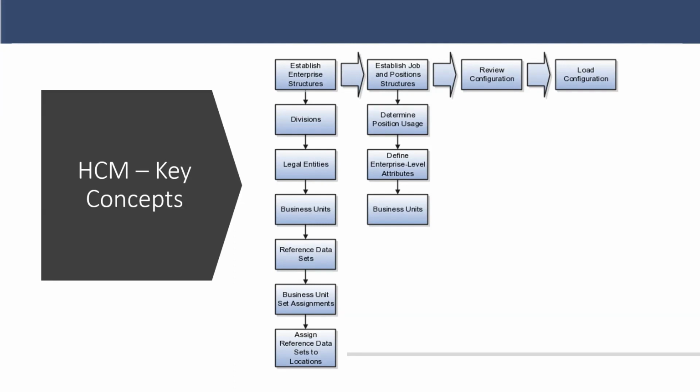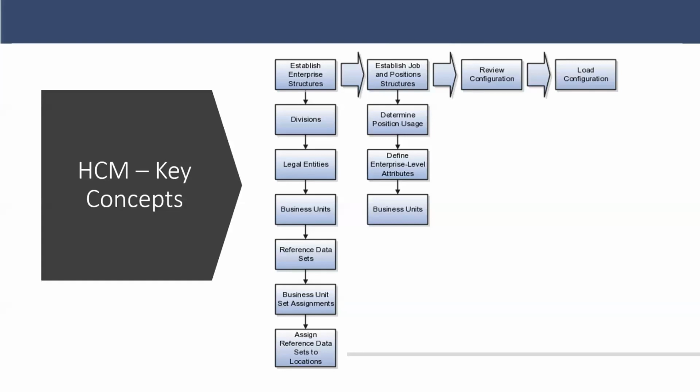When we're defining the business units, they are linked to a reference data set. This is a key concept when we are configuring the application, and we should understand what is meant by reference data sets. When we do the system implementation, we will take you through the system as well. Then there is another concept called business unit set assignments.